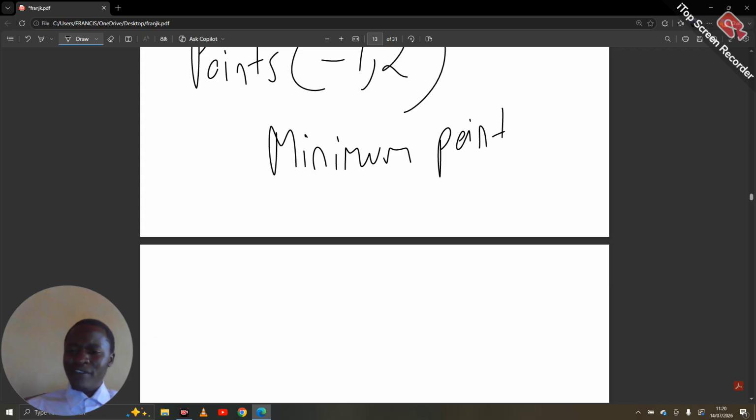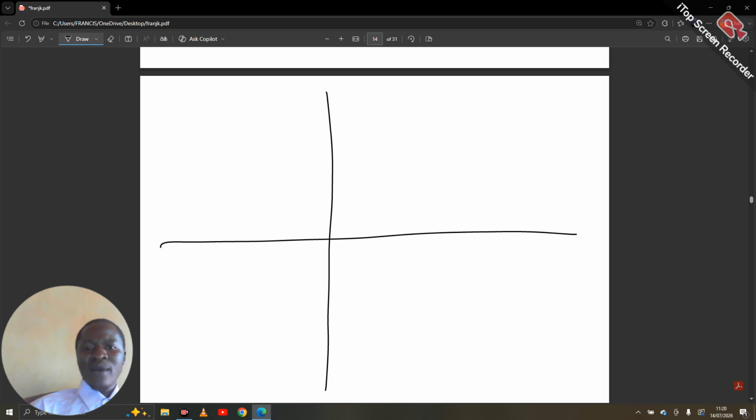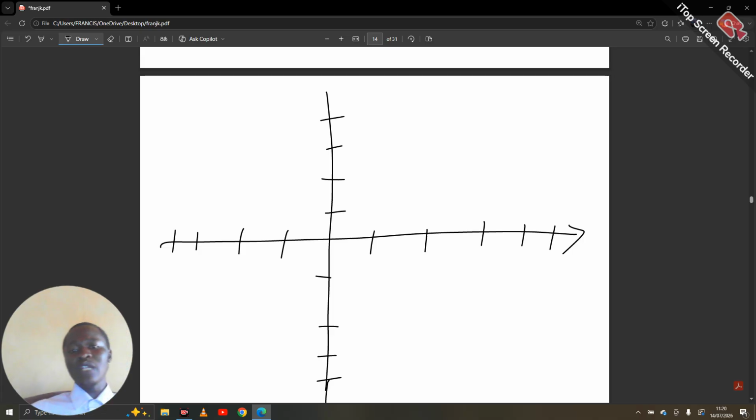Now, drawing a sketch of this, you will have your Cartesian plane, whereby we have 1, 2, 3, 4, 5. 1, 2, 3, 4. Remember, it is just a sketch. You can use a ruler to make your work look neat.